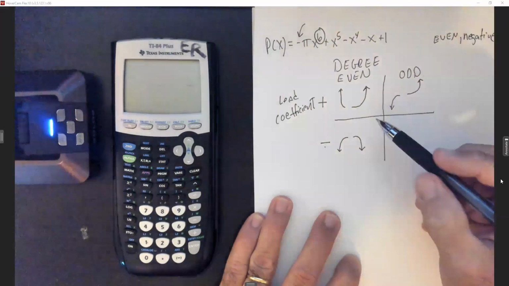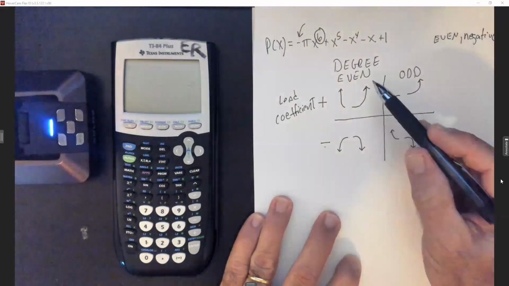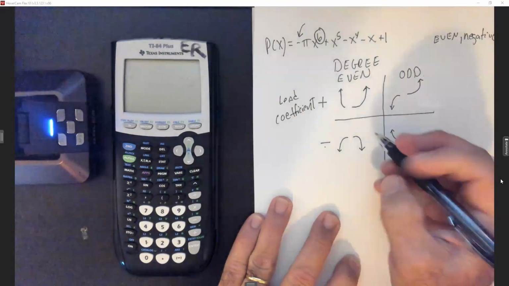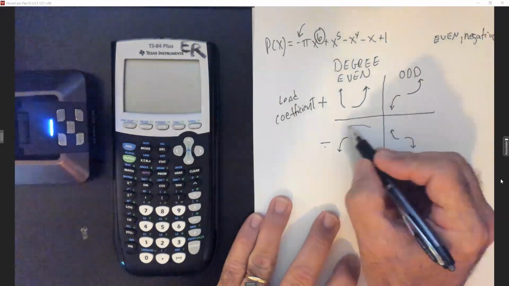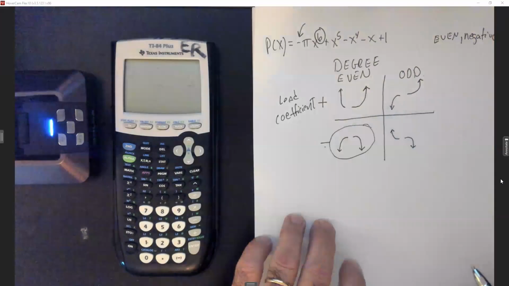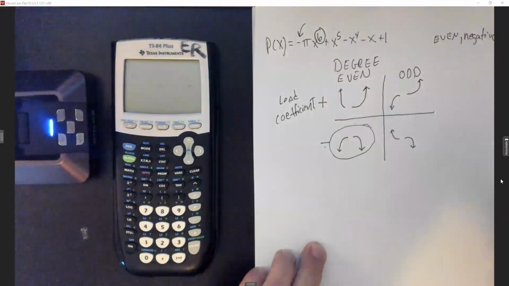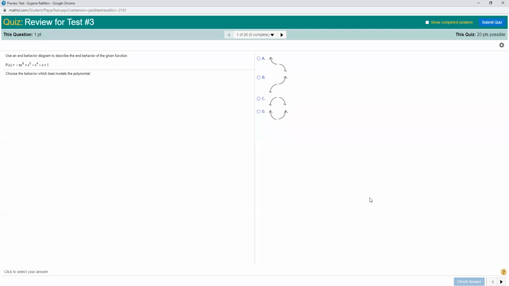So I got an even degree, negative lead coefficient, which means this picture should go downhill on both sides. So when we pull that up to look at their answers, the one that goes downhill on both sides would be our choice C on this one.